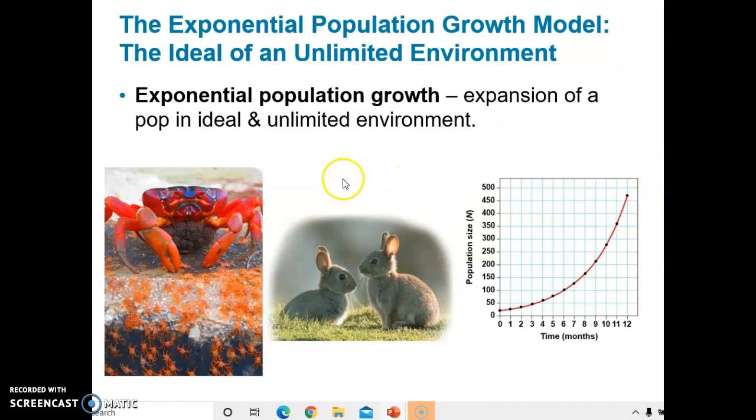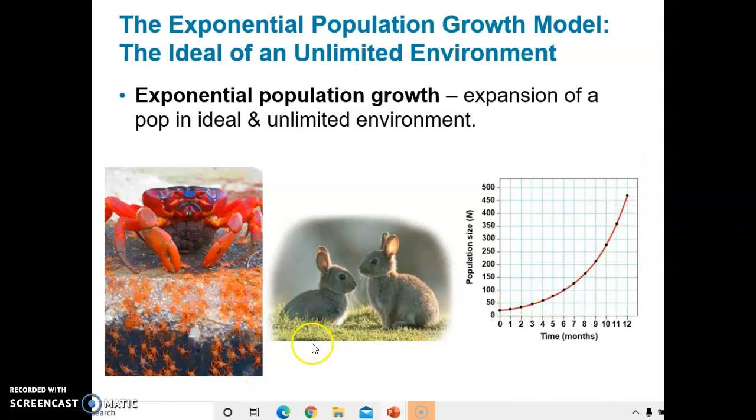So what happens with exponential population growth in species, organisms, or in populations, it's the expansion of a population rapidly under conditions where there are ideal environmental conditions and or ideal unlimited resources, food, space, water, room, etc. So this is characteristic, this plot, of exponential population growth.